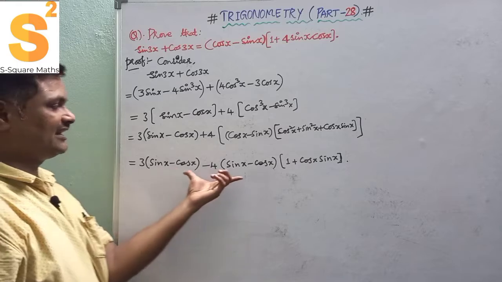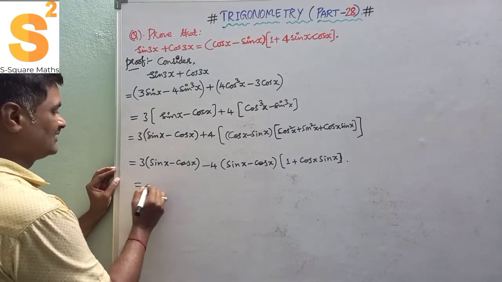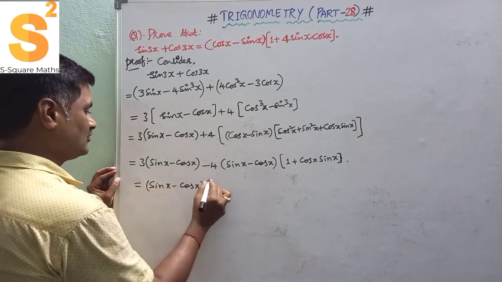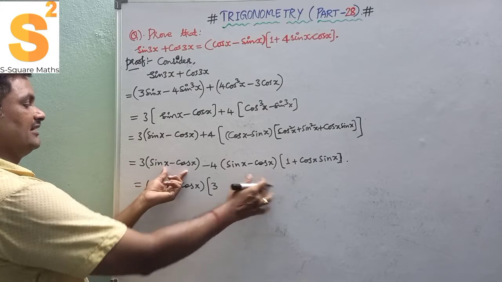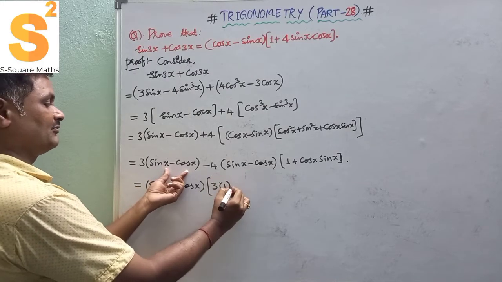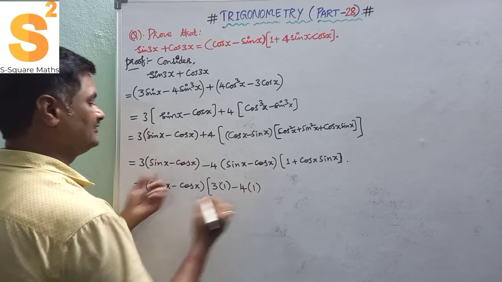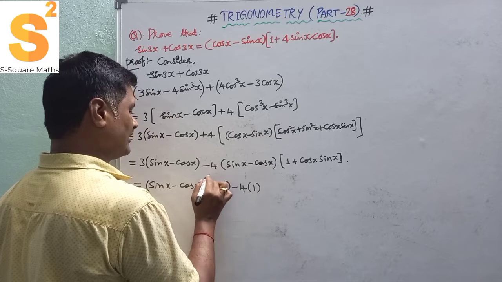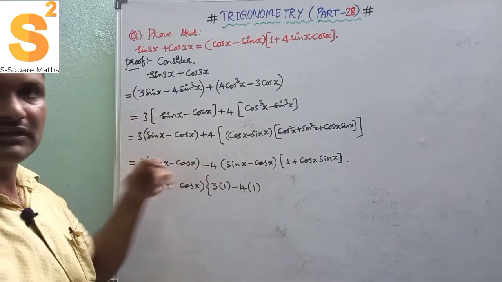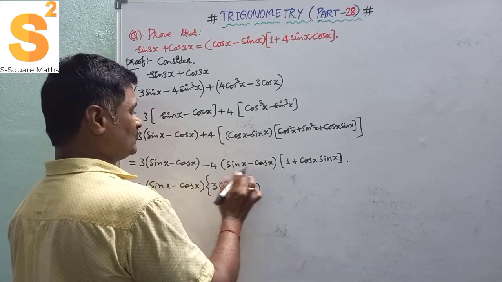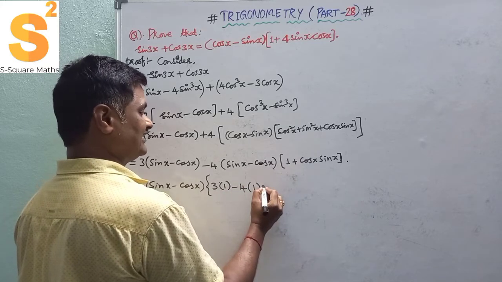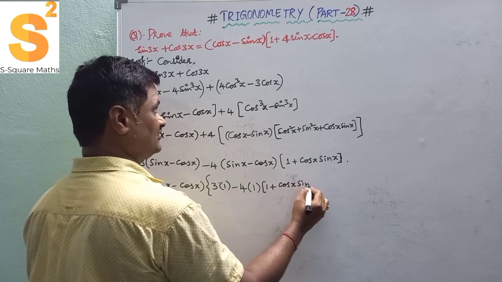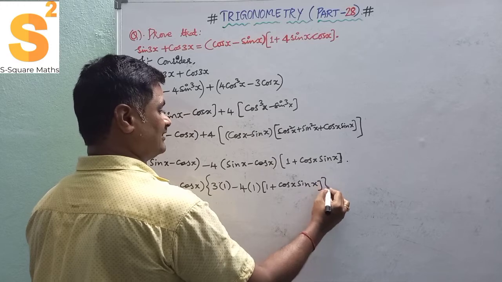In the next step, directly I can take as common here sin x minus cos x. If I take common, so that I can write here 3 into 1 minus 4 into 1, okay, this one here, and here I am writing in the floor bracket, because bracket plays a very important role here, 3 into 1 minus 4 into 1, and the leftover part is here 1 plus cos x into sin x, closing the floor bracket.